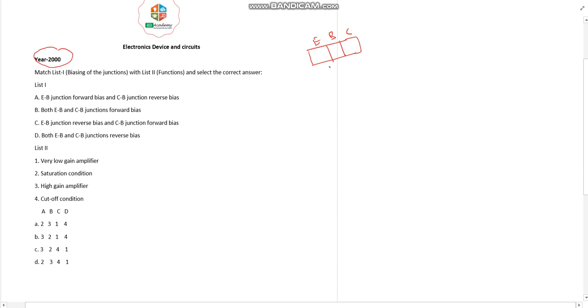So there are two junctions: this is VEB or VBE, the base-emitter junction, and this junction is VCB, the collector-base junction. Now we write these two junctions, VEB and VCB, and the third column is the function. We write the operating region.